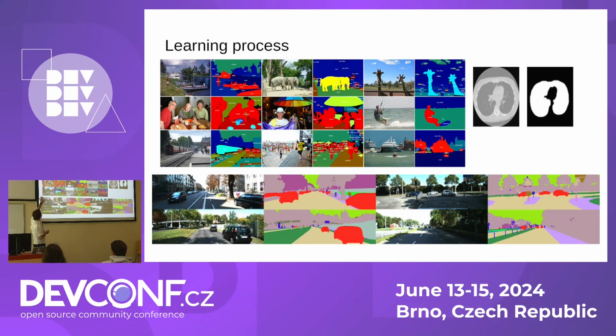So, for example, this first one here is the COCO dataset. It's a dataset with several images from different locations. For example, a train station, a beach, animals, and people at, I don't know, some kind of party.